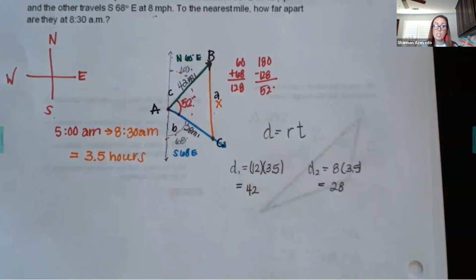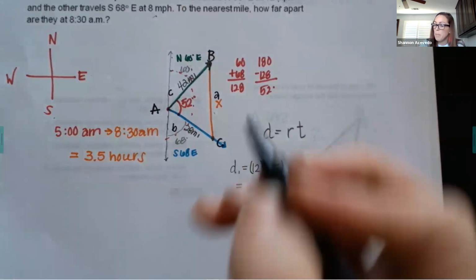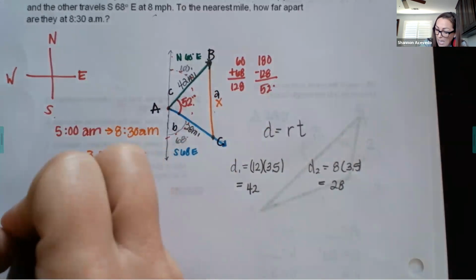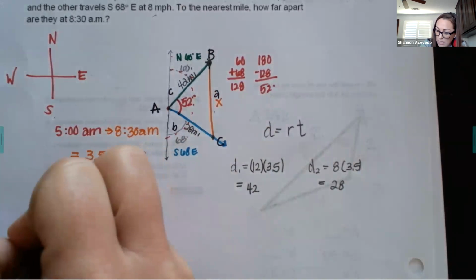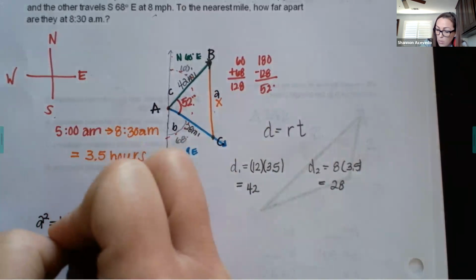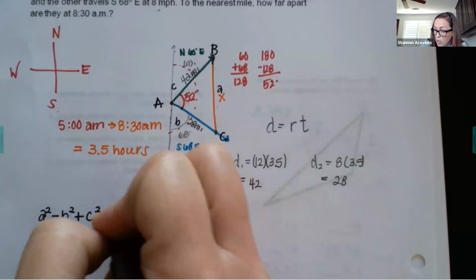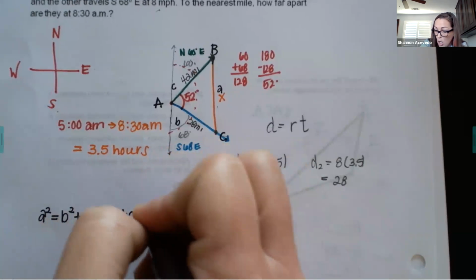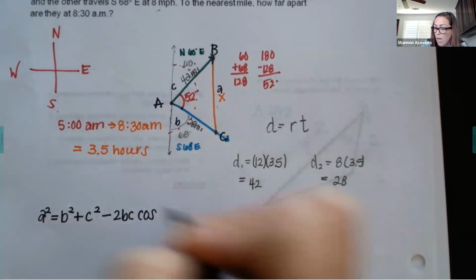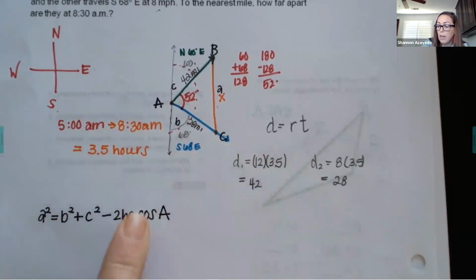This is a law of cosines, so I'm not going to bother setting up my other piece of information, just for time. I'm looking for my side A. So that's going to be A squared is equal to B squared plus C squared minus 2BC cosine of A. Be careful you don't write sine. Sometimes you guys get in the habit of writing sine because that's the one you learn first.